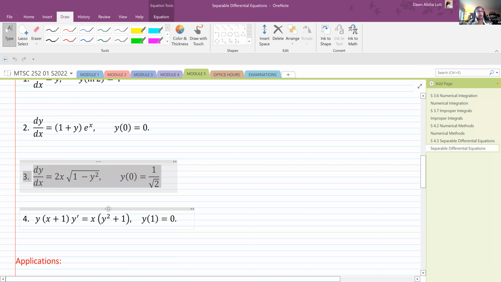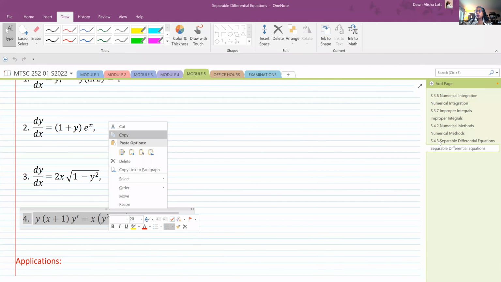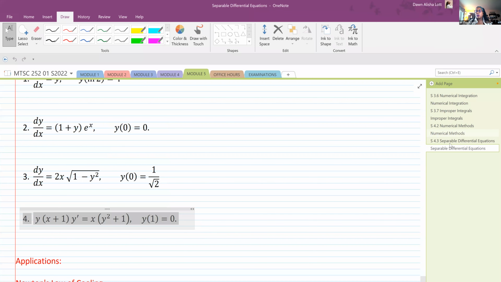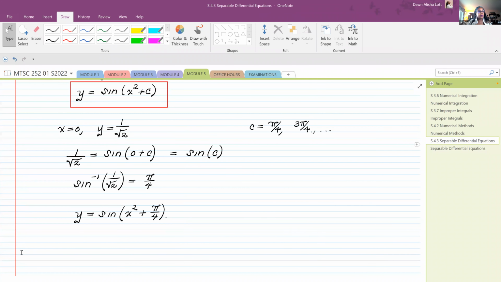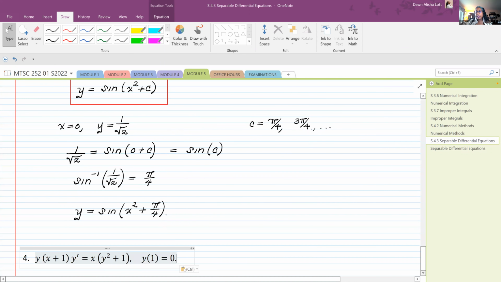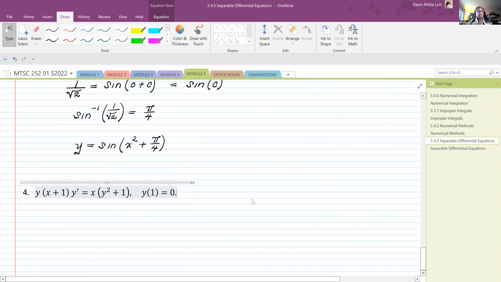All righty, one more, and I'm going to let you guys do this one. How do we handle this one? This one is actually written in a different form.